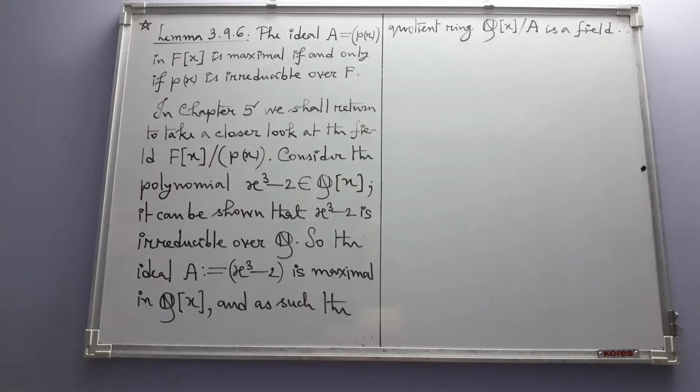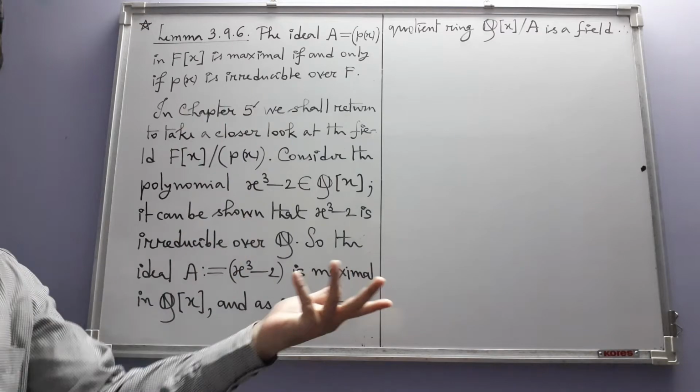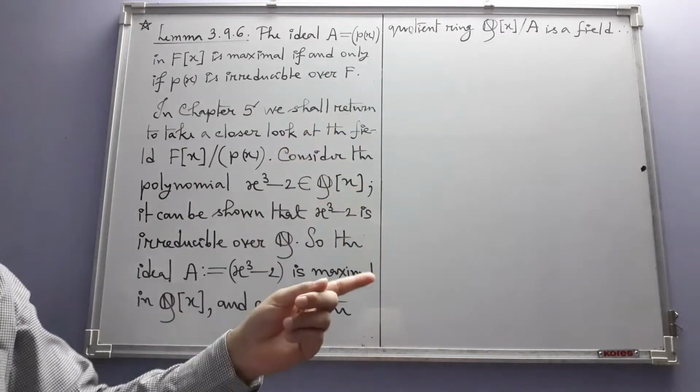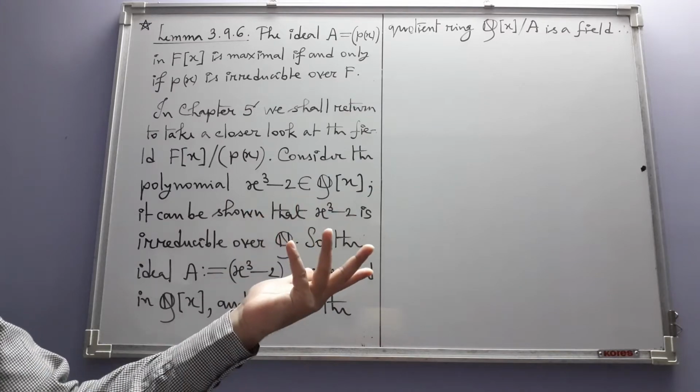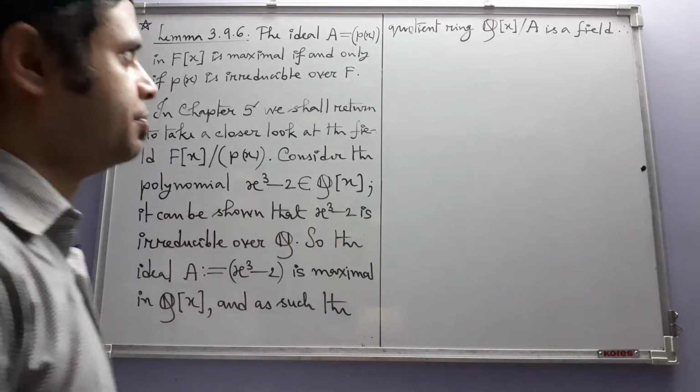So this quotient is a field, which is nothing special. We are just simply using the fact that such quotients are fields if and only if the ideal used to construct them is a maximal ideal. Okay.